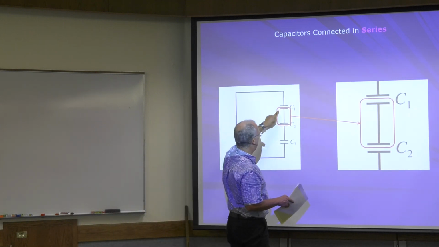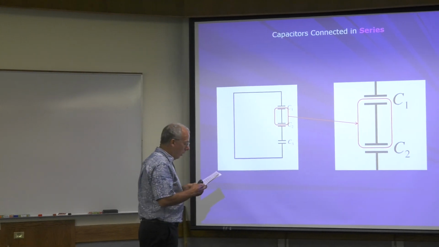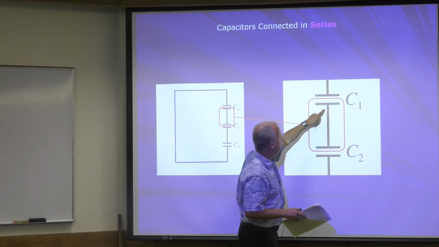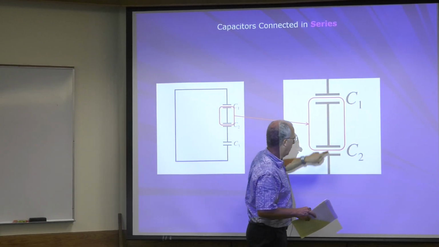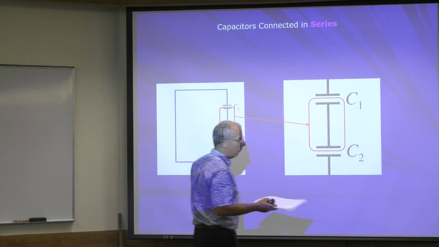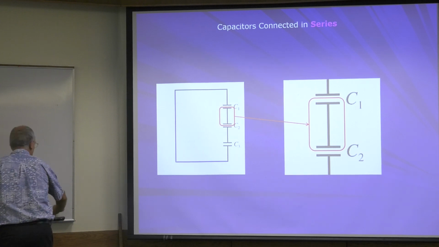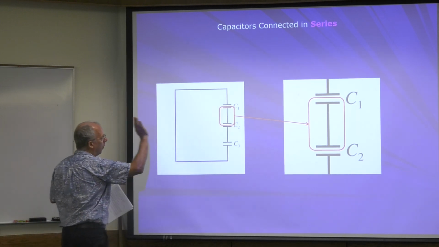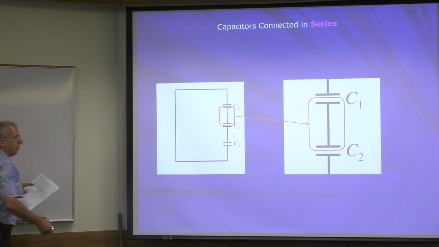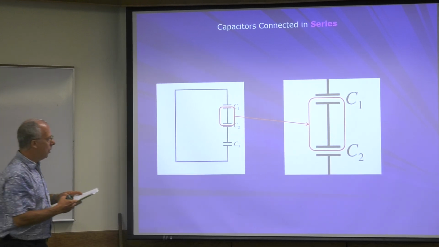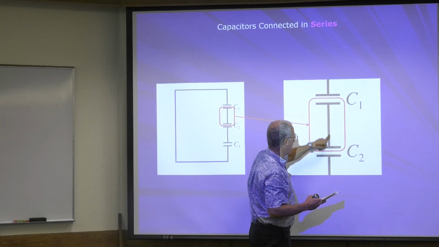So let's look at just this thing here. Okay? So this is a wire, this is a piece of C1, and this is a piece of C2, correct? Now notice there's no battery, so there's no current, so nothing's going on. So therefore, what has to be the net charge of this thing?